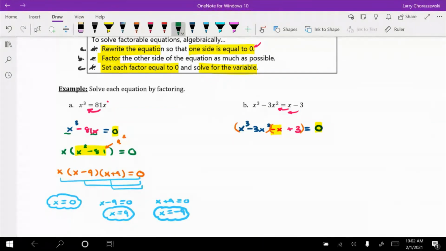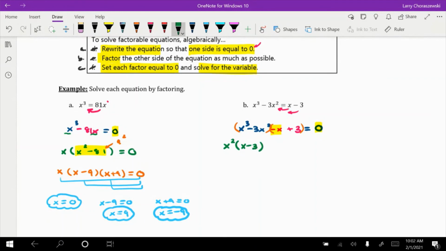With factor by grouping, we want to look for GCFs within each set of parentheses. What's the GCF in the first set of parentheses? X squared. You got it. You factor that out, you're going to get x minus 3 left over.